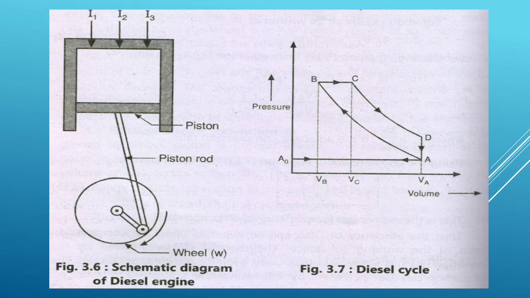Now the piston moves outward at a constant pressure. The volume as well as temperature increase at a constant pressure, that is isobarically. Now the volume increases from VB to VC, temperature increases from TB to TC and the change of the state is represented by the line BC.